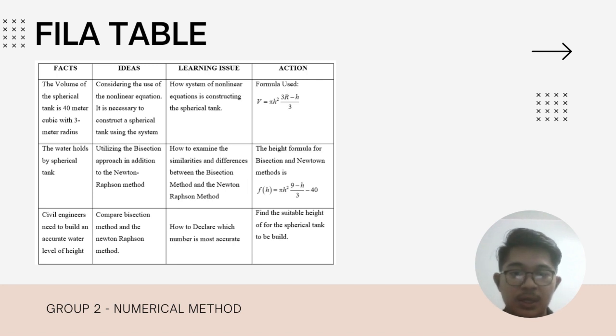The second one, we use the bisection and Newton methods. And the last one, we need to find a suitable height of the spherical tank to build. From there, we should do calculations to find the solution to our problem.